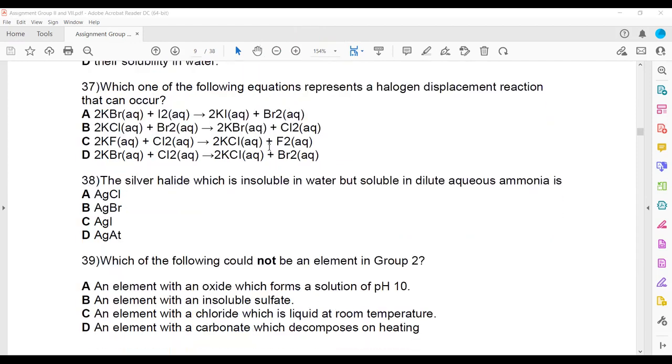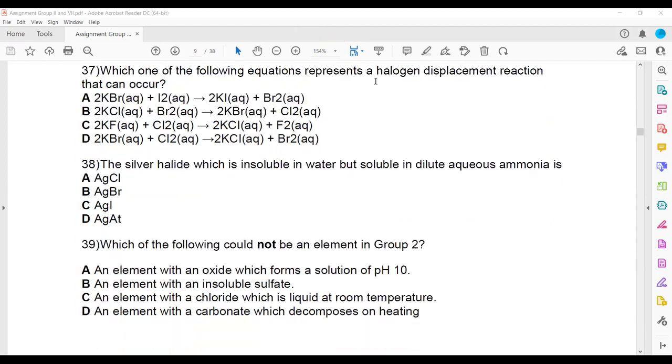Question 37. Which of the following equations represents the halogen displacement reaction that can occur? So always the more reactive halogen can displace the less reactive halogen from its compound. As we know, fluorine is more reactive than chlorine, chlorine is more reactive than bromine, and bromine is more reactive than iodine.